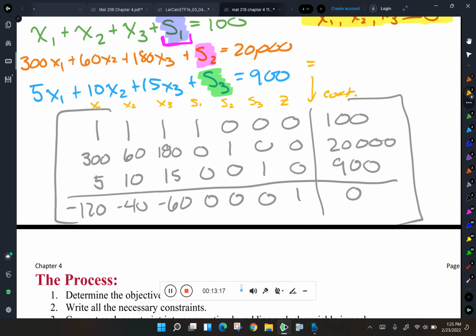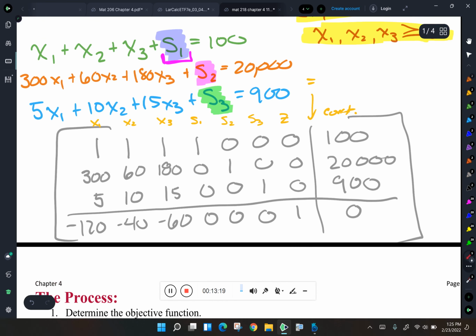So then our second row here is our second equation, 300x1, 60x2, 180x3, no s1s, 1 s2, no s3s, no z's equals 20,000. 5x1, 10x2, 15x3, no s1s, no s2s, 1 s3, no z's, 900.